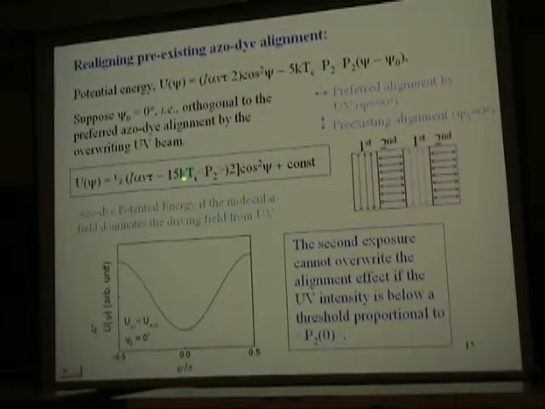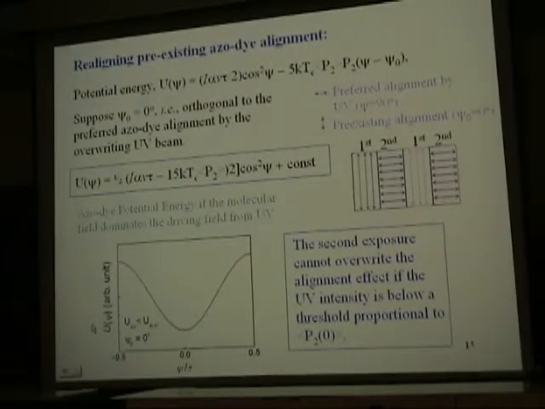Importantly, when the second term is larger than the first term, or in other words, when the molecular field of the azo dye is larger than the driving field of the UV excitation, you will find that this potential has a minimum at psi equal to 0. Now remember that the pre-existing azo dye alignment is also at psi equal to 0, so there will be no change in the azo dye alignment if you have this situation where the second term is larger than the first term.